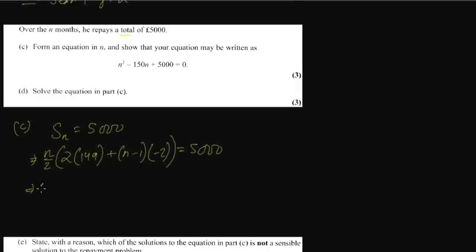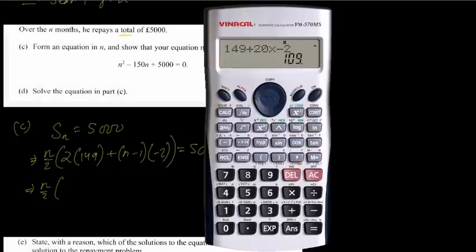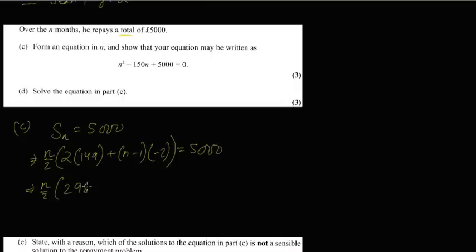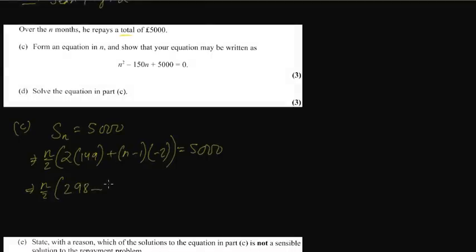So let's simplify this. So n by 2. 2 into 149, let me bring out my calculator. 2 into 149 is 298. So 298, minus 2 into n is minus 2n, minus into minus, plus 2 into 1 is 2, equals 5,000.